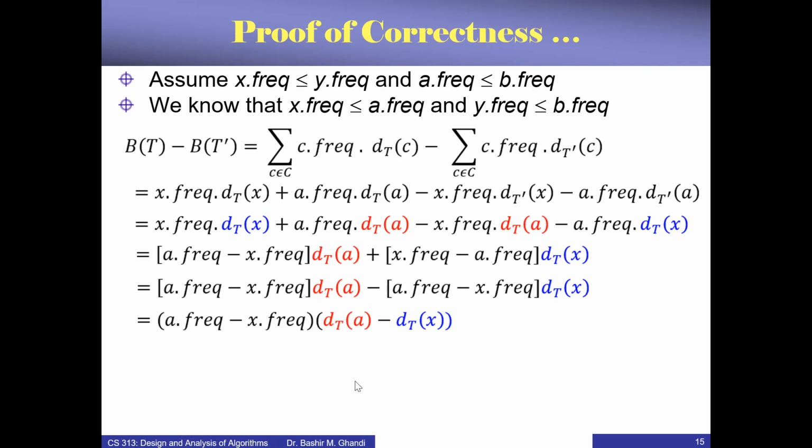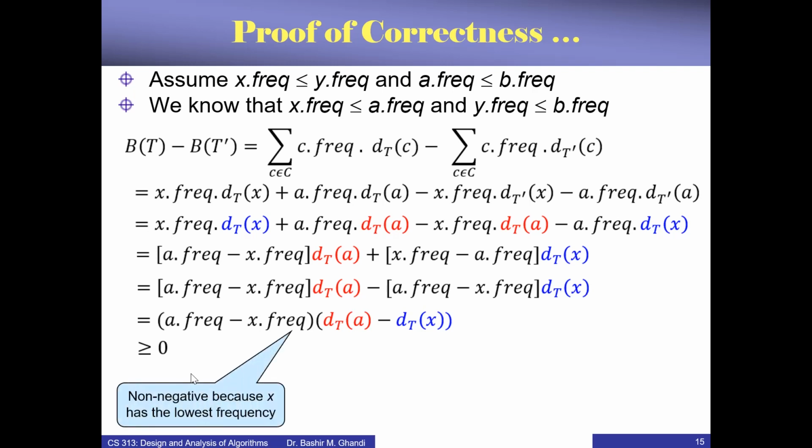Good. Now we're going to claim that the product of these two is going to be greater than or equal to 0. Why is that? First reason, this term is positive. Actually, both terms are positive. That's why if you multiply them, you will never get negative.